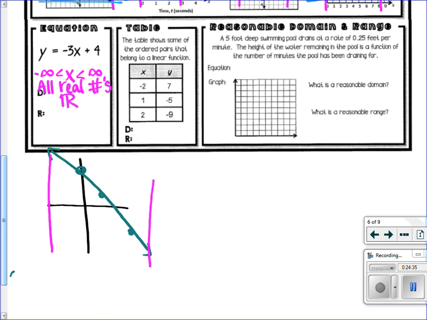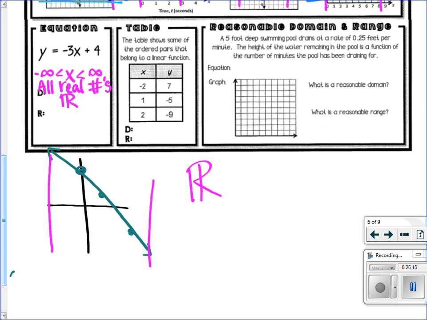It means all real numbers. So all three of those things I just wrote in pink mean the same thing. You could write any one of those in a blank, and I would count it right. You could write the words all real numbers, the symbol that means all real numbers, or all real numbers in inequality notation. It's an R with a double line. That just means all real numbers.